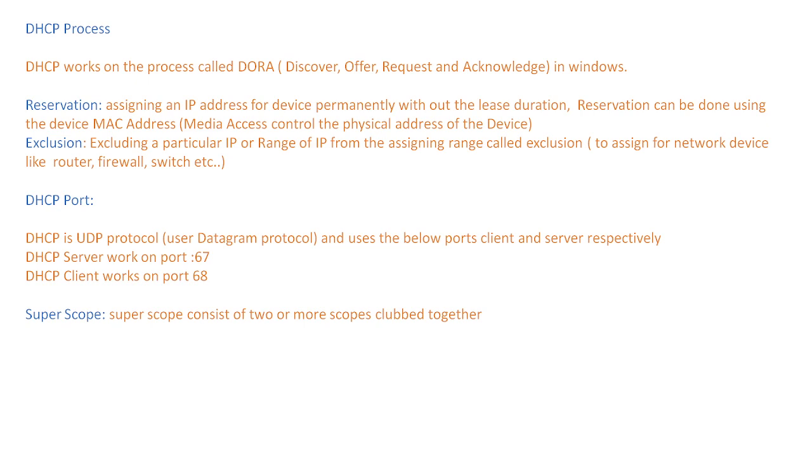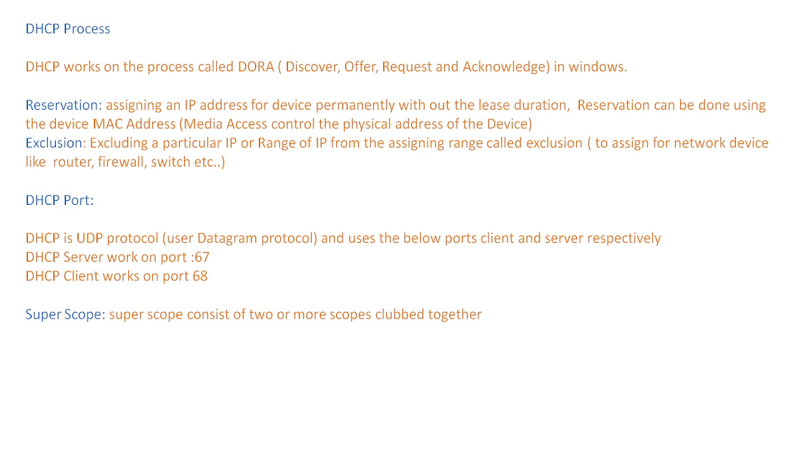Exclusion means excluding a particular IP or range of IP addresses from the distribution range, so that the DHCP server will not assign IP addresses in that range. Those excluded IP addresses can be used for servers, printers, network switches, etc.